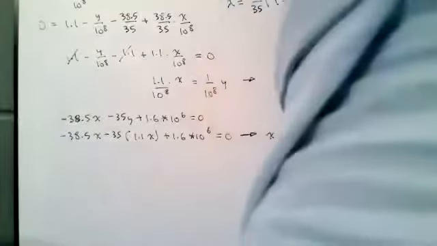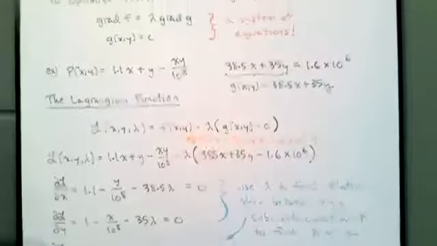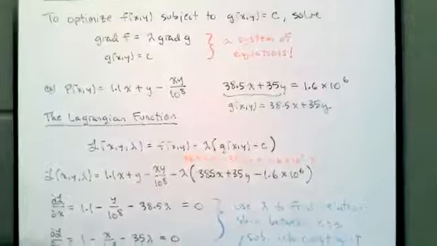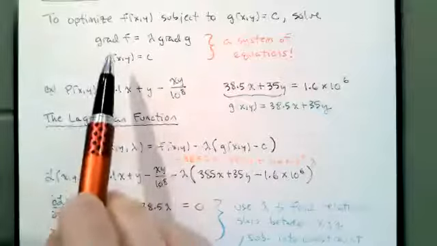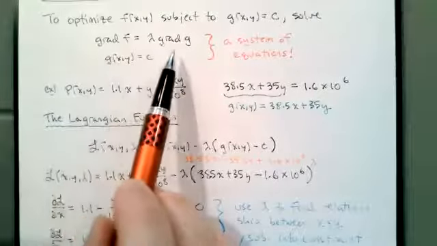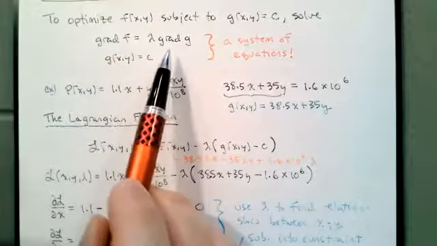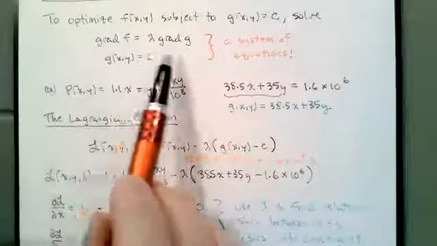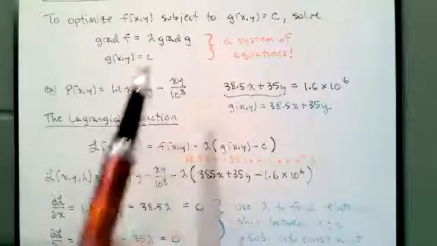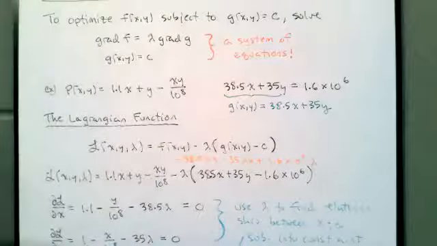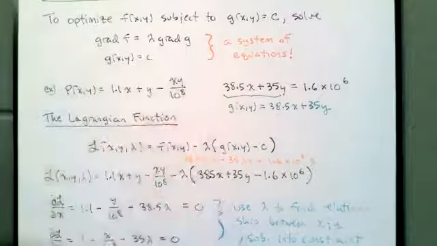What's more important to focus on when we're thinking about these optimization problems is what we're trying to say when we say that the gradient of f is equal to lambda times the gradient of g. What does this mean? On the pure process level, we're just saying do this to solve the problem so that you can get points.